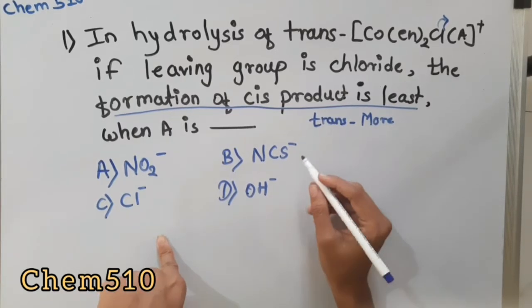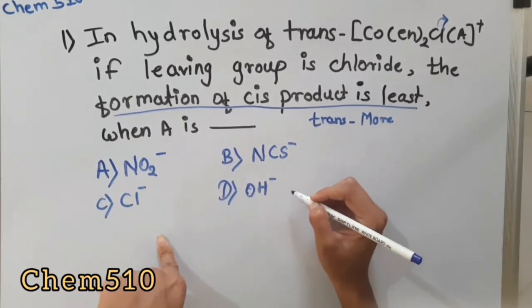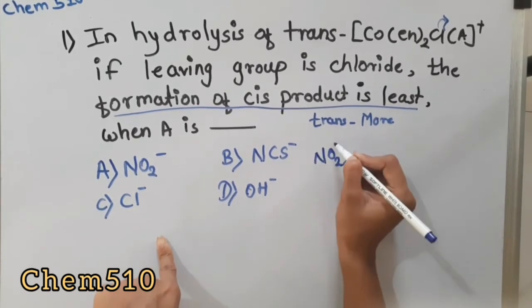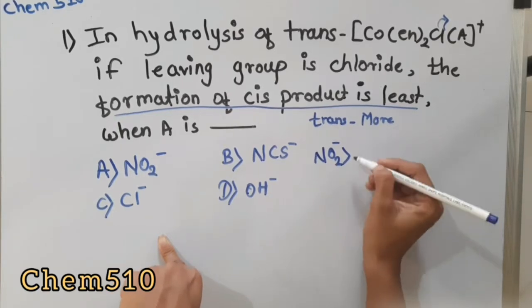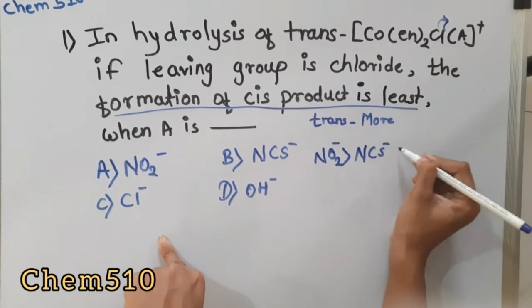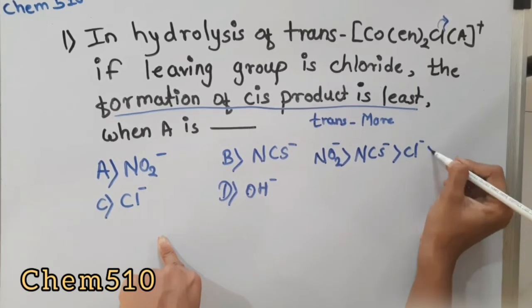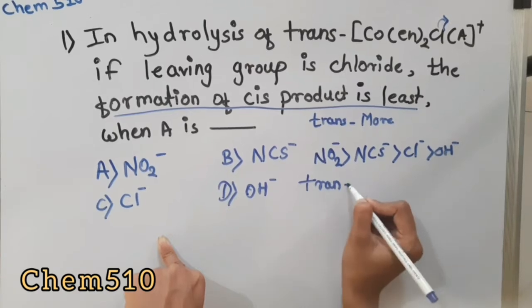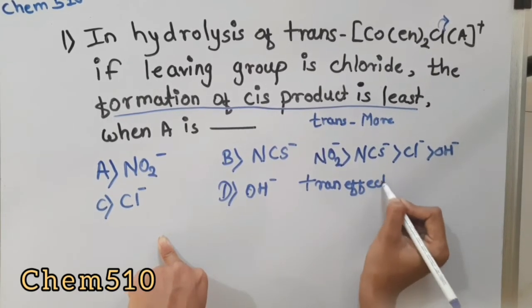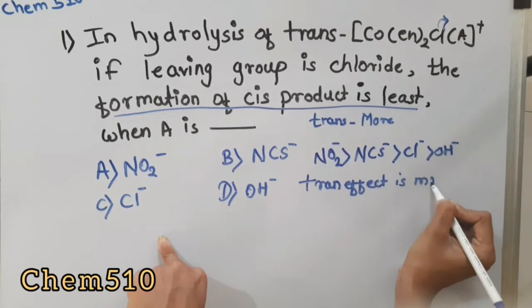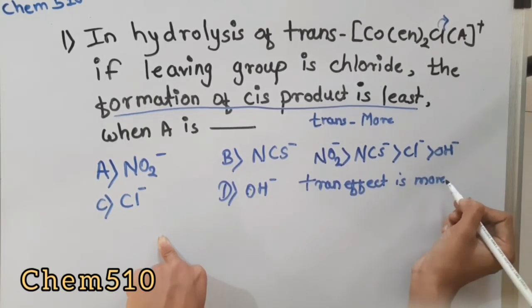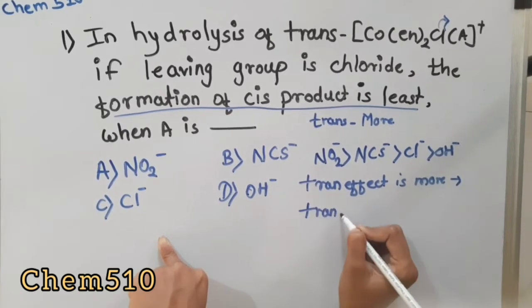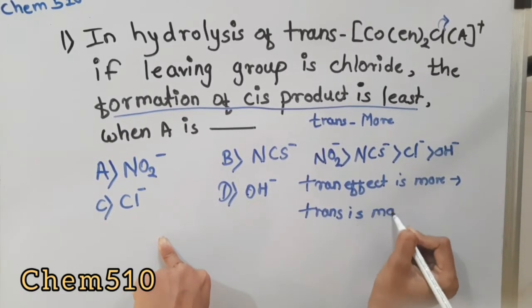Here the order of trans effect is NO2 having large trans effect, then NCS minus, then Cl minus, then OH minus. Where trans effect is more, the trans product is major.